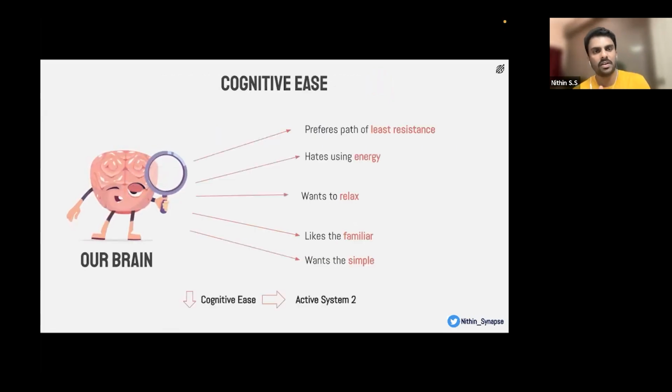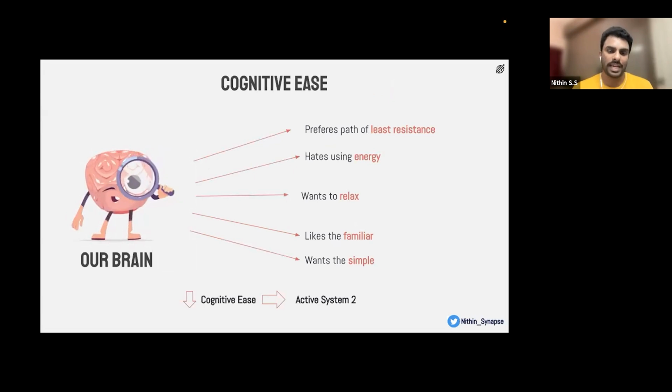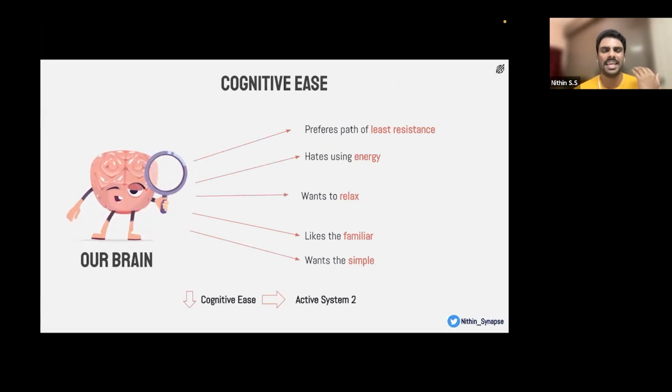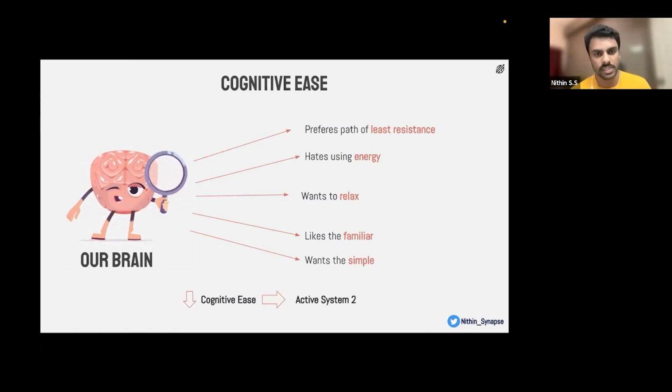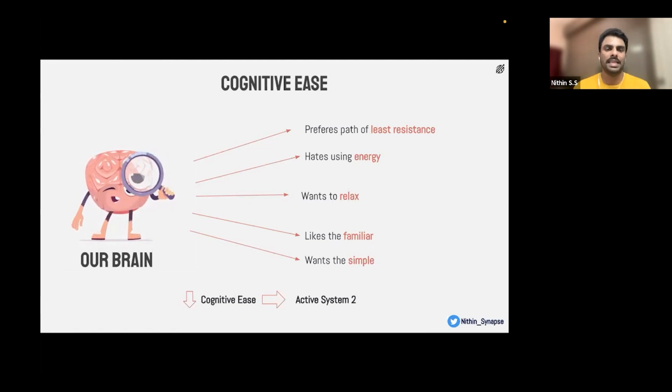And we have something called cognitive ease. So our brain actually prefers to have least resistance, and it hates using energy, because I already mentioned that. And then it wants to relax all the time. So it tends to make system one work more, and system two will be relaxing all the time. And it likes to make familiar responses, and it wants to make all the things simple.